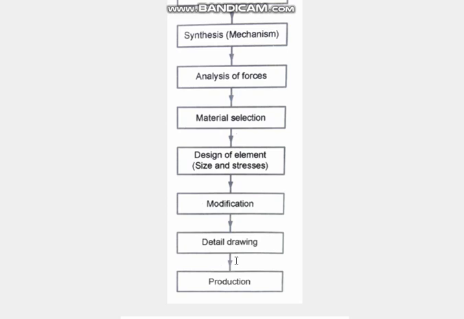Once that is done, the next step is detailed drawing. Detailed drawing means each of the components we have to make, we have to put on the drawing sheet, and you have to say what its dimensions should be, and also, like you have done in machine drawing, what the tolerances and fits should be, and all those things you have to put on the drawing.